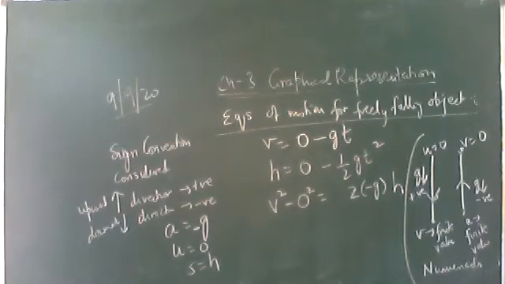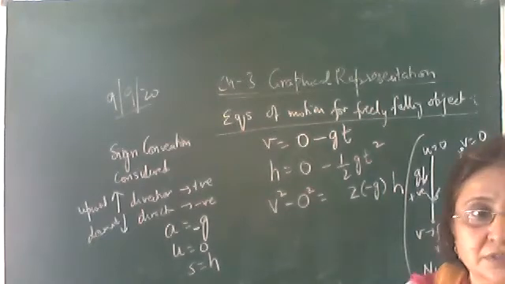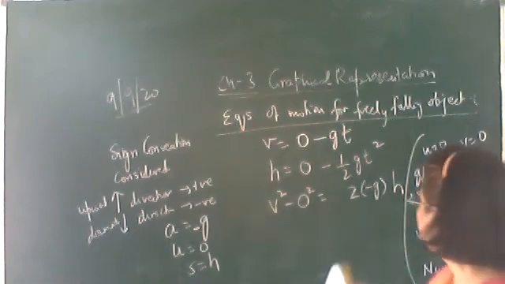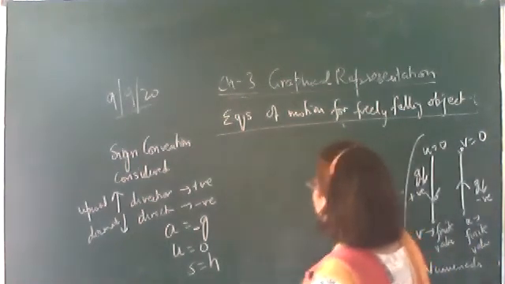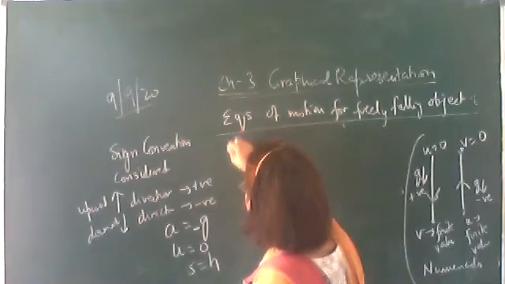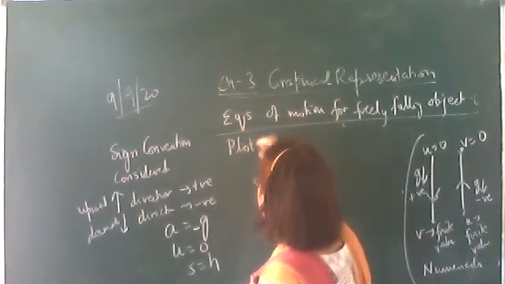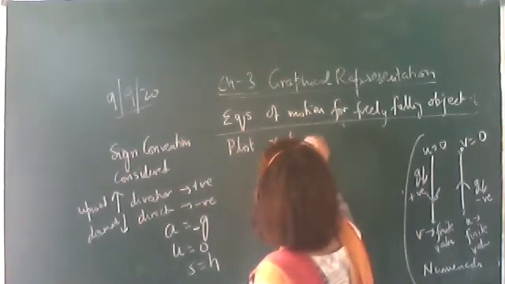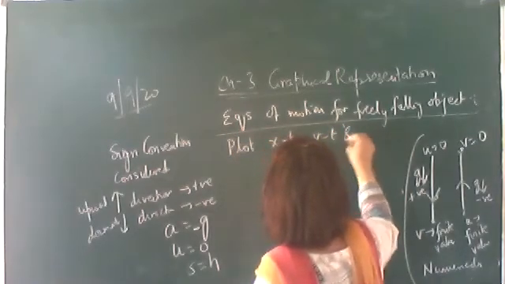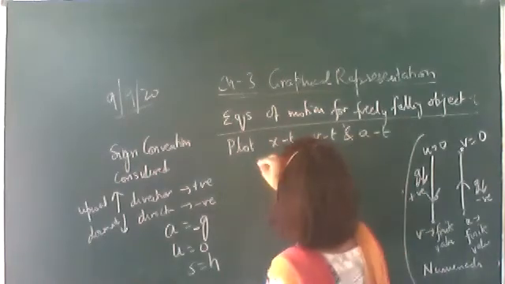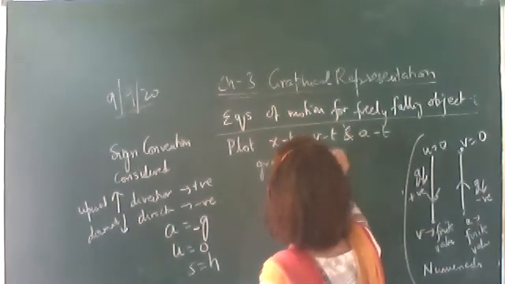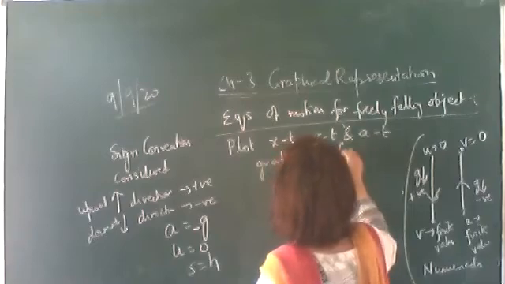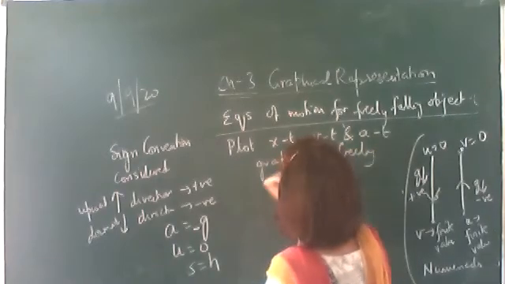Okay, now write down: plot the xt graph, vt graph and at graph for a freely falling object.